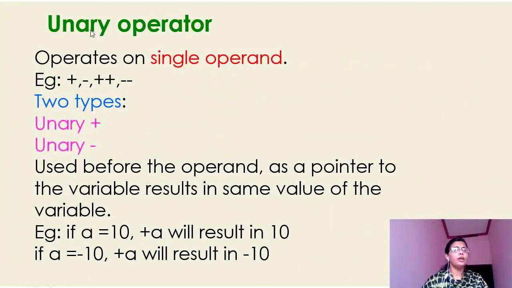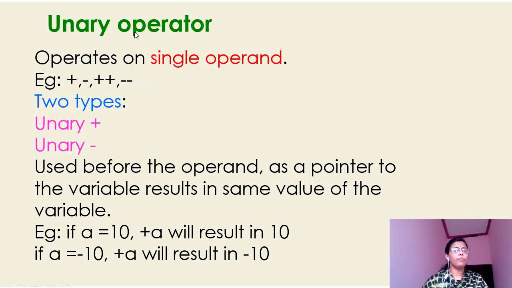A unary operator means it operates on a single operand. Earlier I explained what an operand is. So a unary operator means this operator will have only one operand. Clear? The different operators will be plus, minus, plus plus, minus minus.